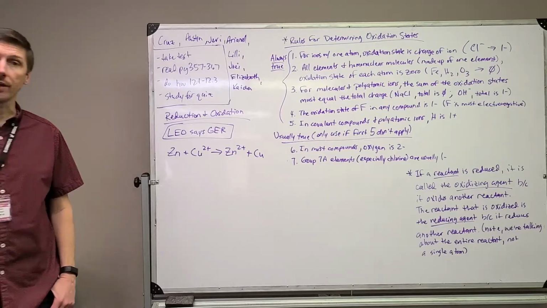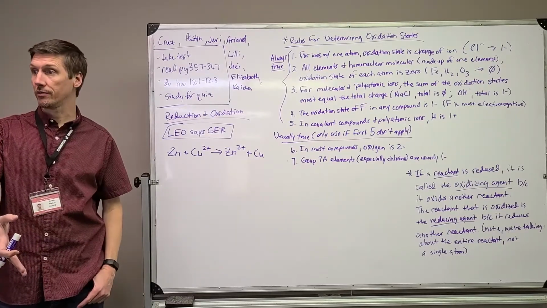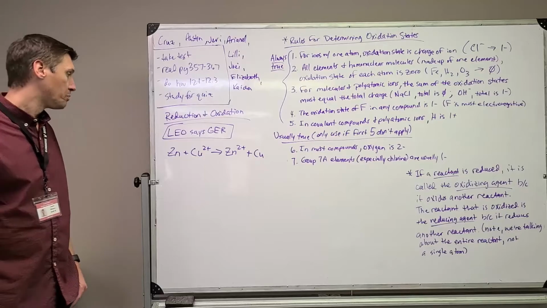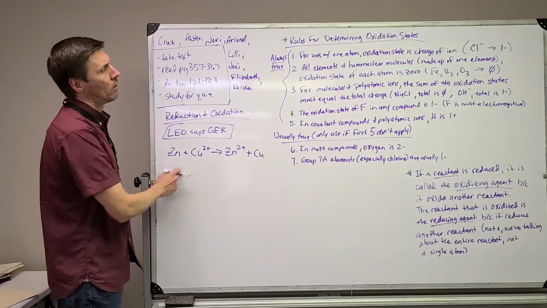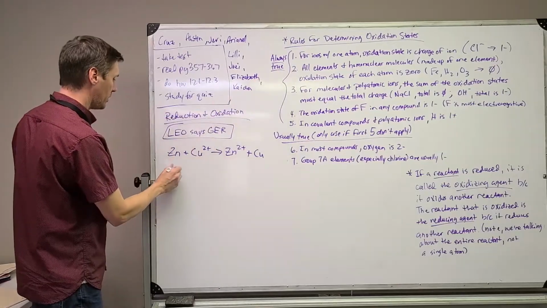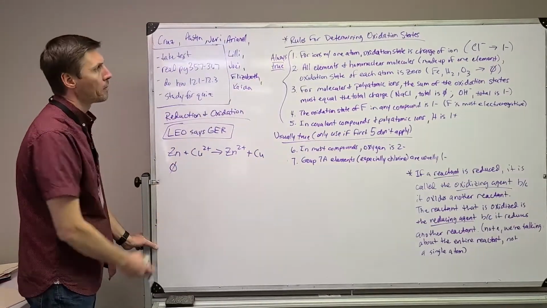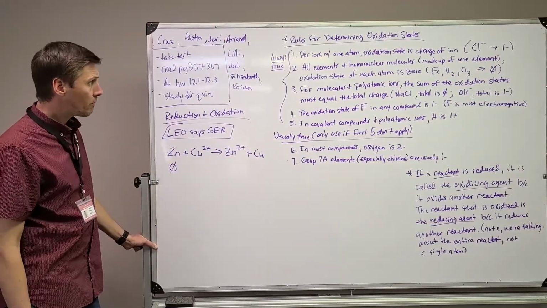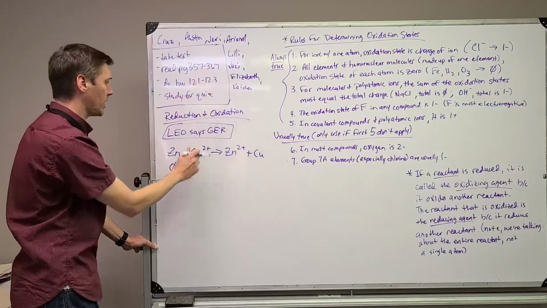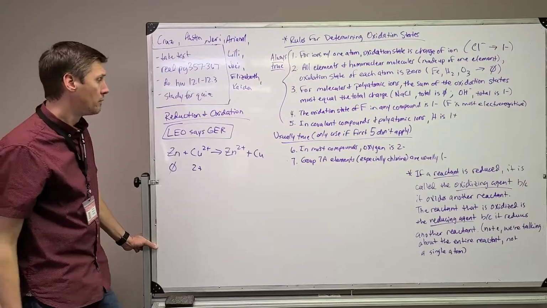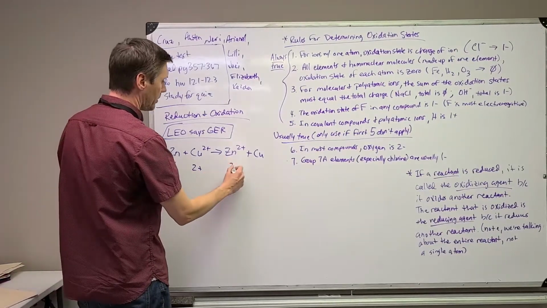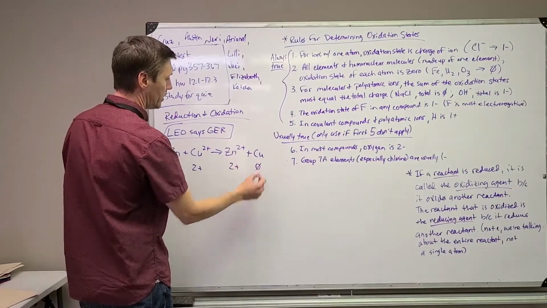So in order to do that, we're going to have to write down the oxidation states of each of these atoms. Well, Zn here, per number 2, is going to be 0. Per number 1, because we've got a charge given right here, Cu is going to be 2 plus. Right here, Zn is going to be 2 plus. And right here, Cu is going to be 0.